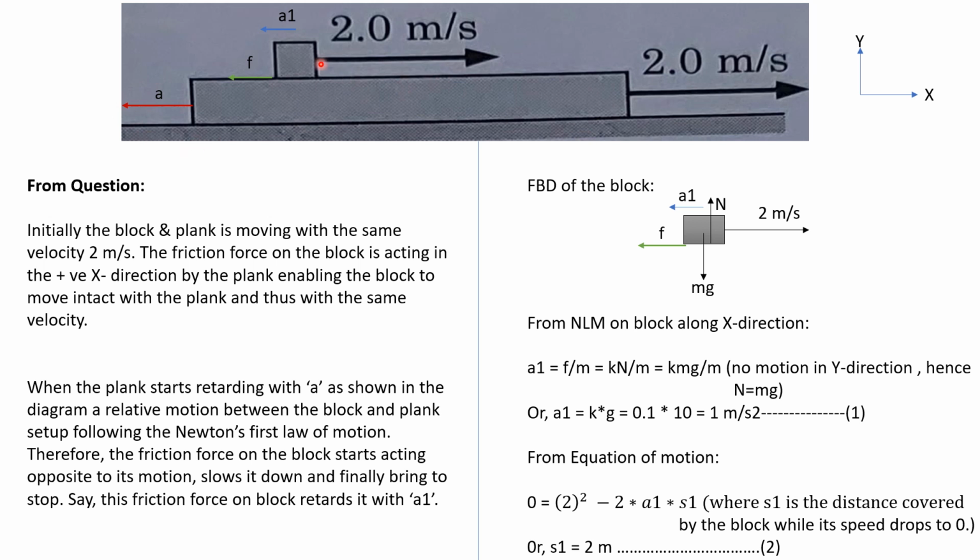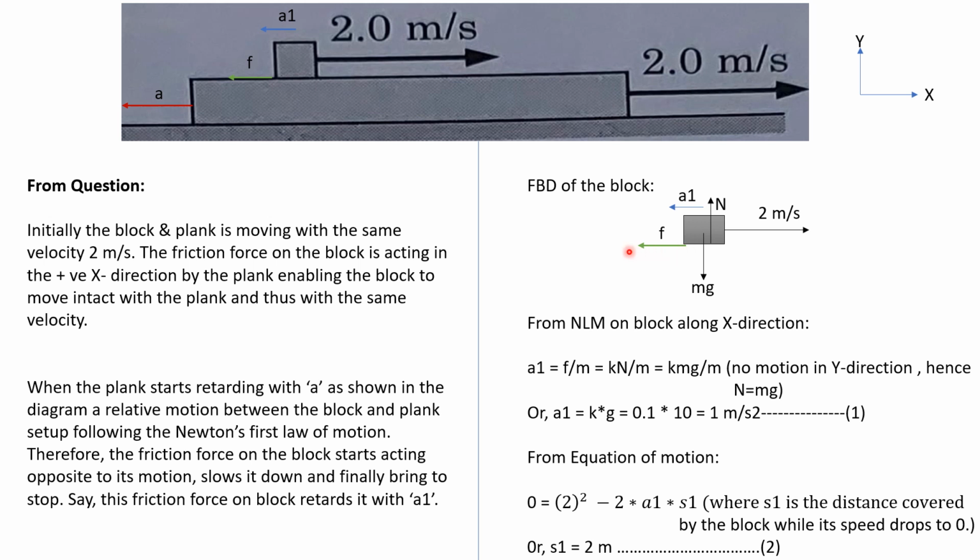Okay, so let us make the free body diagram of the block. If you see which forces are acting, the weight of the block will be acting downwards. Normal reaction from the surface of the plank to the block will be in the upward direction, that is N. A1 is the retardation of this block.